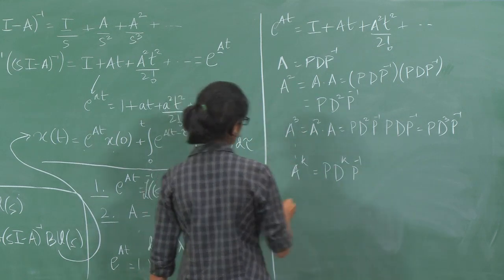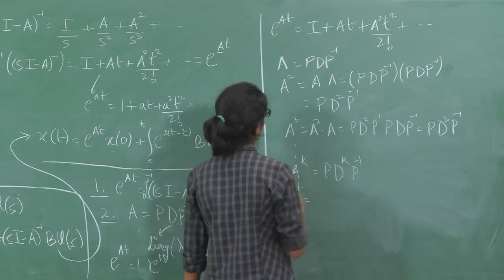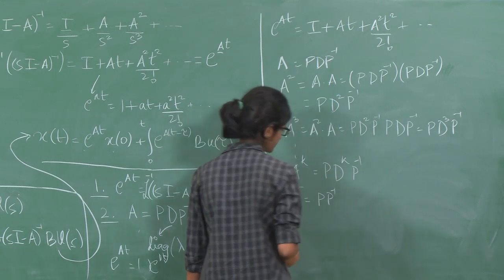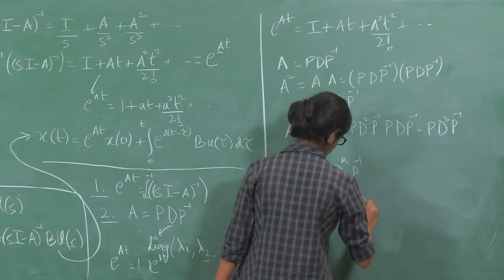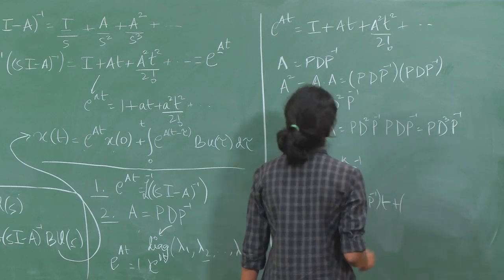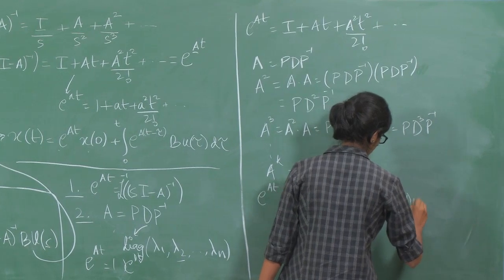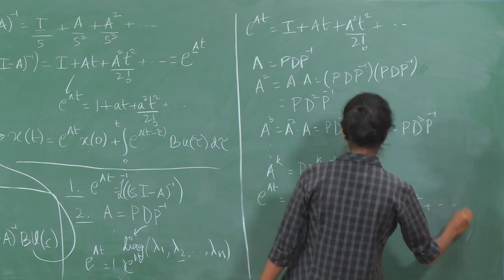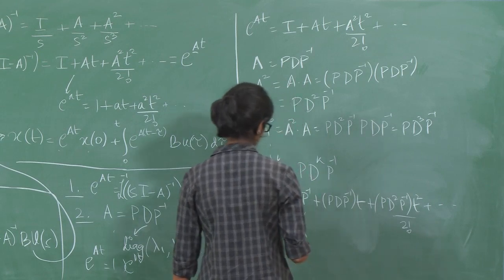So, going back to the original matrix exponential, e power At is I, and we express the identity matrix as P into P inverse, plus A into T, and A is P D P inverse into T, plus A square, which is P D square P inverse T square by 2 factorial, and so on. So, we just do some jugglery here.